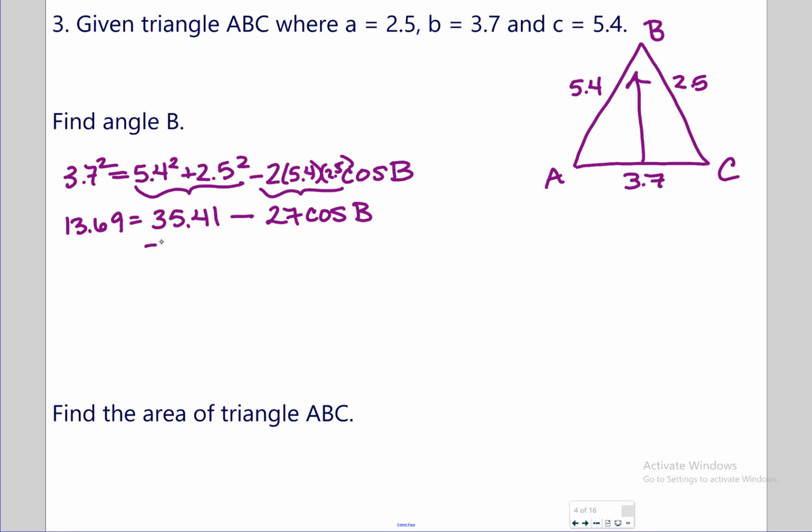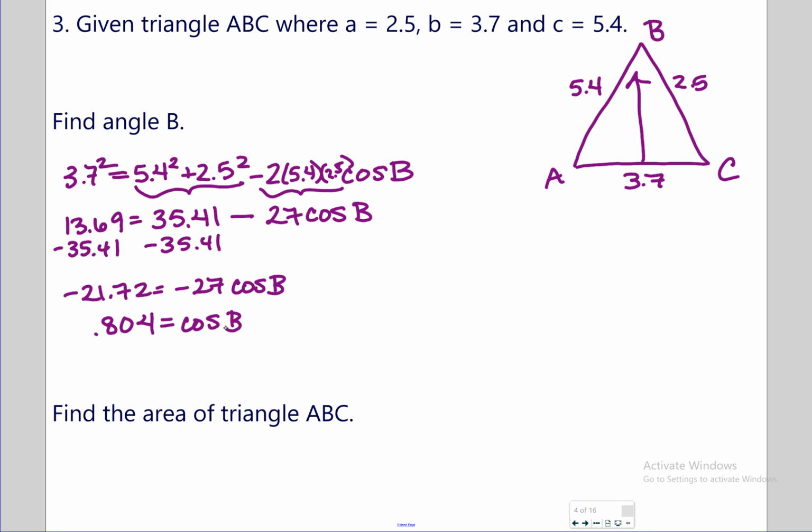So at this point, your next step is subtract 35.41. And that gives you negative 21.72 equals, make sure you bring down the negative 27 cosine b. Divide by negative 27. You're going to get 0.804 approximately is cosine b.